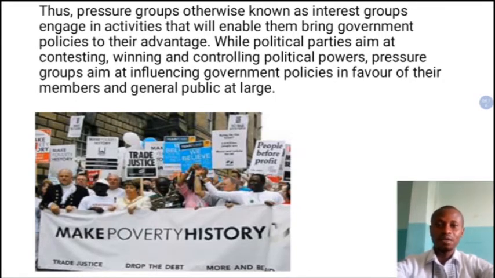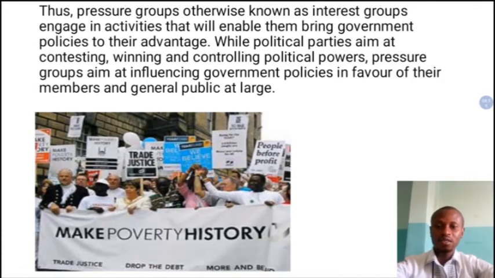And before now, I have said that they engage in different activities. It can be strike. It can be writing petition to the government. It can also be giving ultimatum. There's so many other activities they engage in. They use these activities to call the attention of the government to what they are doing, to what their requests are.